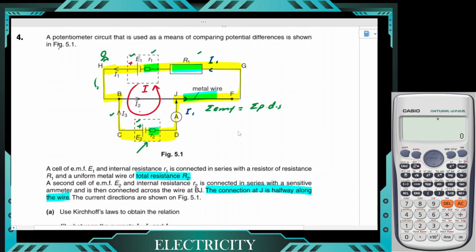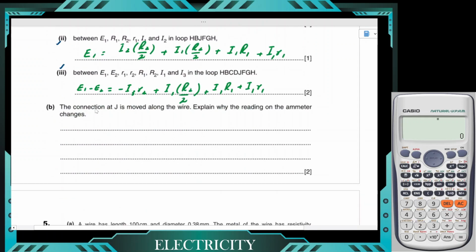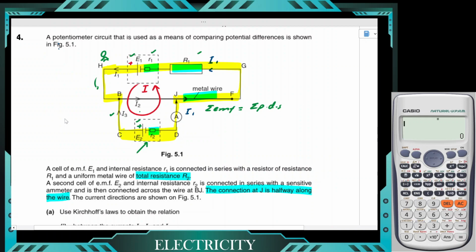And then you have the next one, which reads: the junction at J is moved along the wire. Explain why the reading on the ammeter changes. So junction J is moved along the wire means they move it probably to the left side or the right side, and the reading on the ammeter changes.